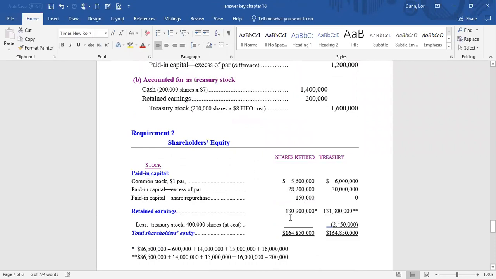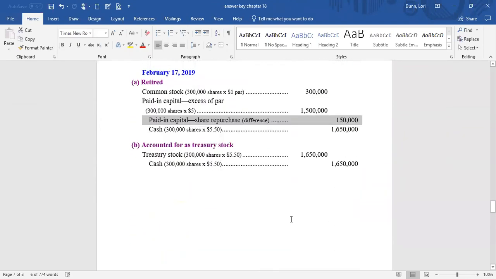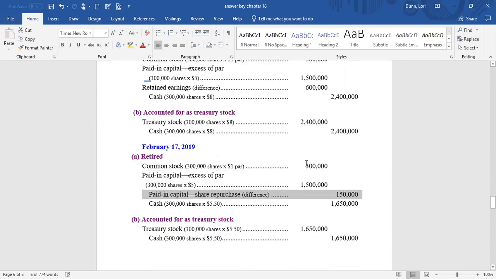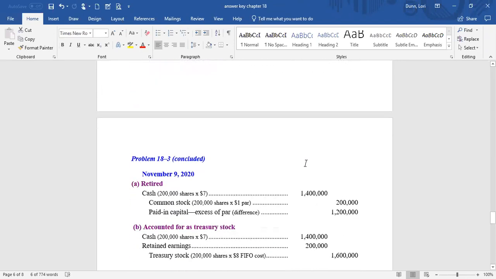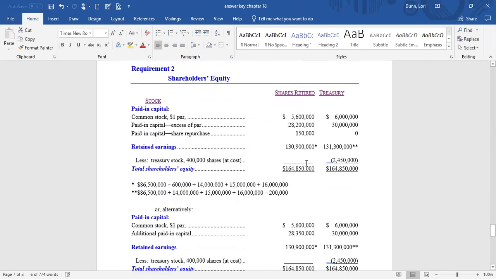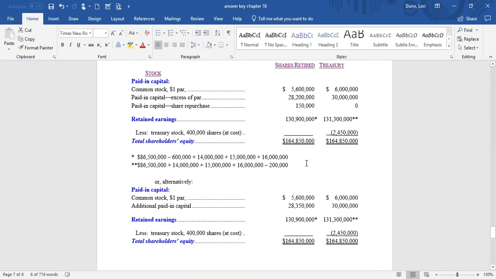How about retained earnings? Retained earnings started at an $86,500,000 balance. Well, during retirement, we debit retained earnings $600,000. I think that was it. Okay. So, oh no, we did something else there. Let's take a look. 86.5. Okay, there's something I'm missing there.